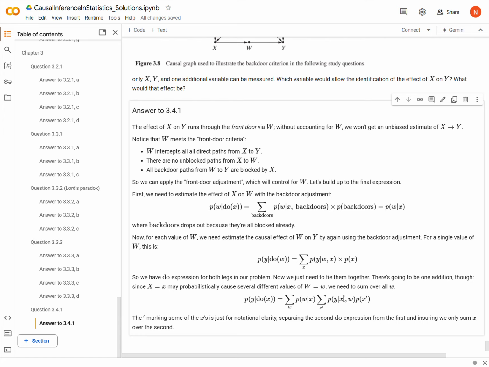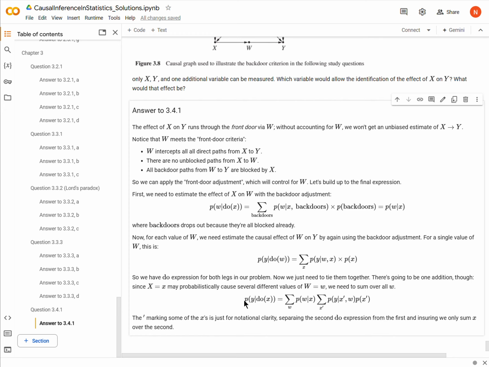You'll notice these little tick marks after the x here. The book does that. It's probably a good idea, but it can be a little confusing. Basically, it's separating the x values in this do expression from this do expression, and it ensures that when we want the probability of y do w, we're only summing over the x prime values, because that's the only place where that summation should occur.